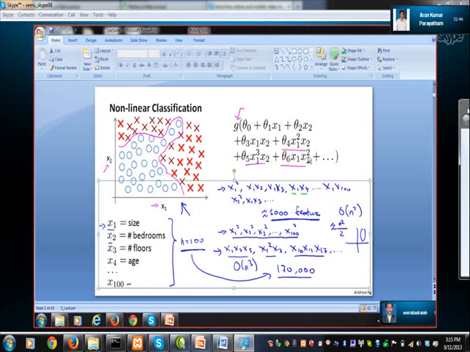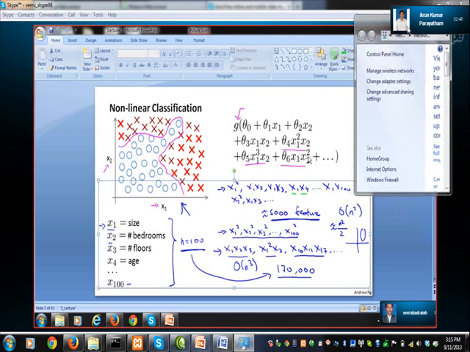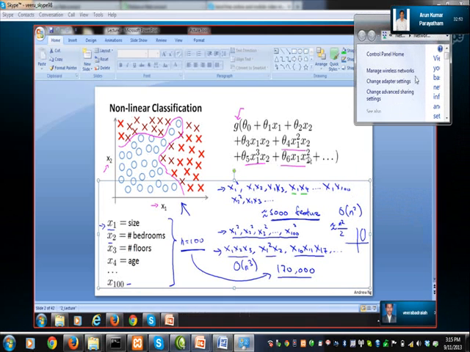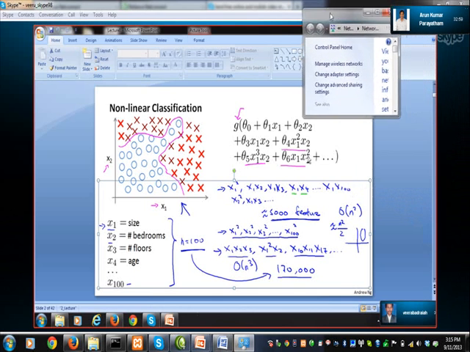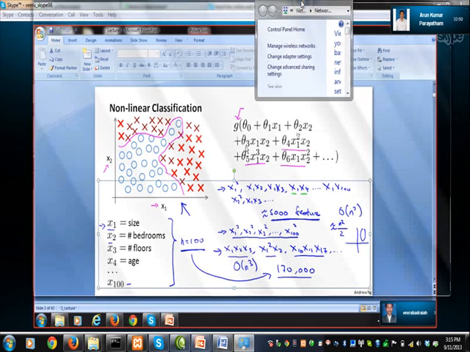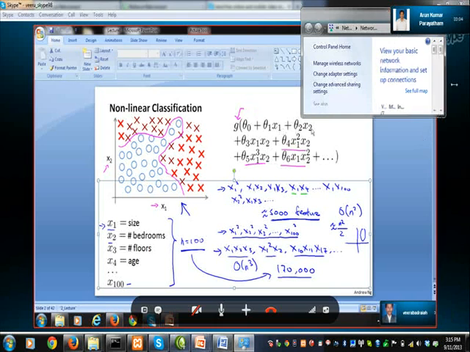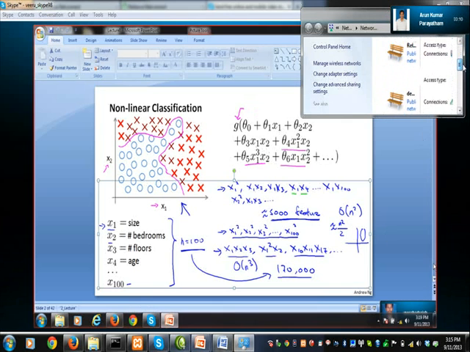So how to solve these types of problems? In the first week we haven't learned that. So this second week we started with these non-linear classification problems. With lines you cannot classify. So how do we get these types of equations? This pink line equation may be something like theta 1 x1, theta 2 x2, theta 3 x1 x2. So he starts with this.